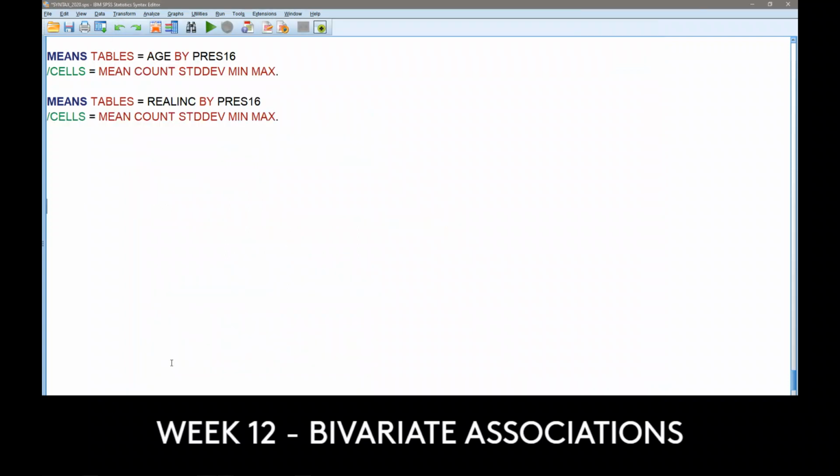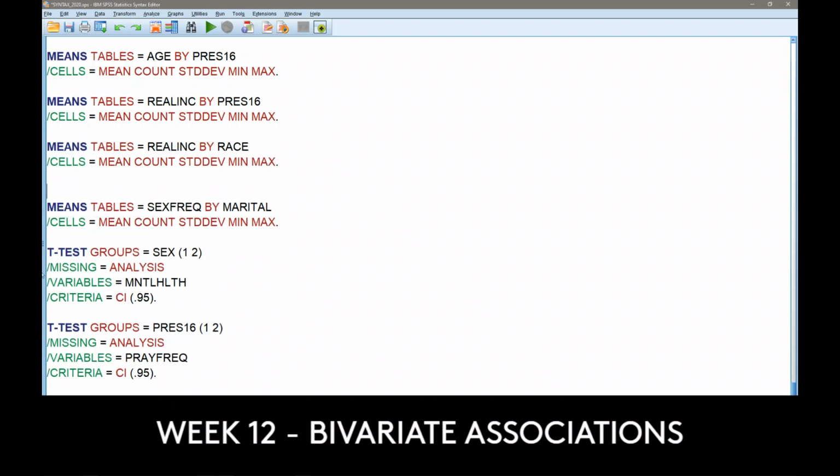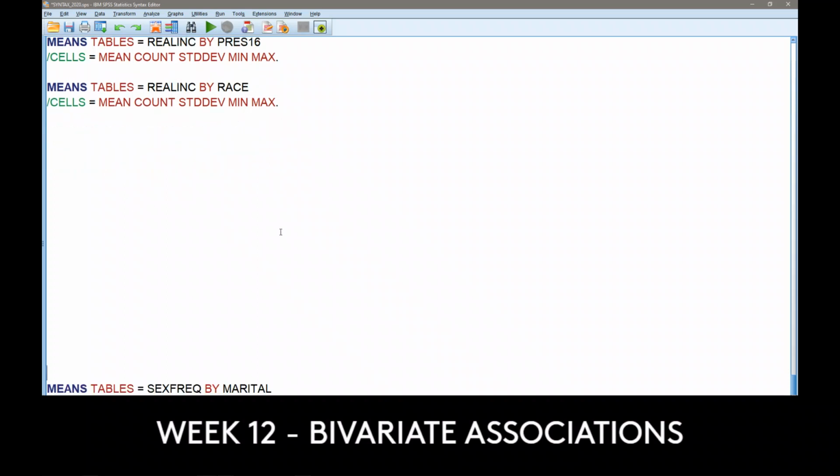Okay, very interesting results. And again, honestly this is one of the most interesting and funnest syntax to run on SPSS, because you're able to kind of pick and choose what variables you want to assess for good reasons.